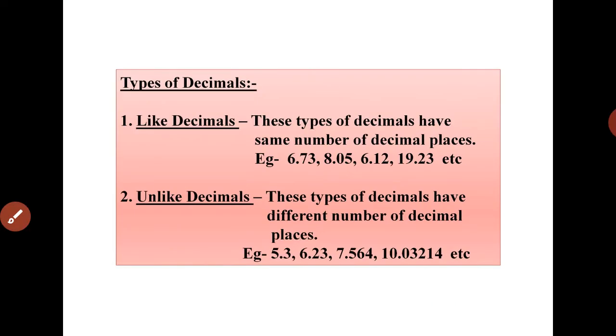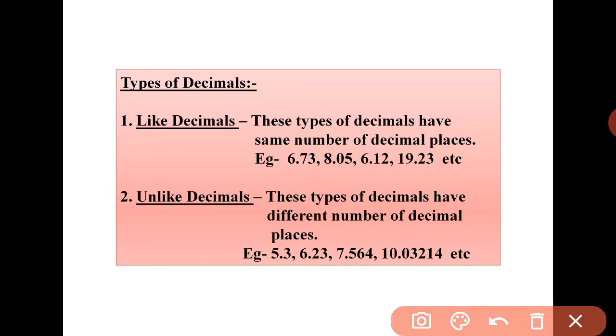Basically decimals are of two types. First is like decimal and second is unlike decimal. So what are like decimals? Like decimals have the same number of decimal places. That means 6.73, 8.05, 6.12, 19.23.